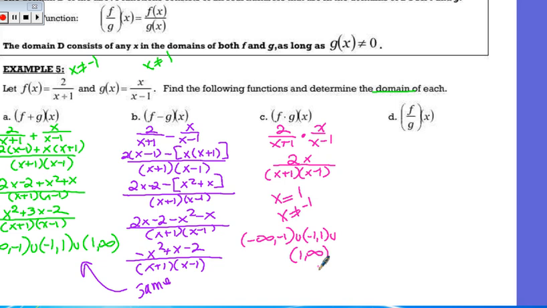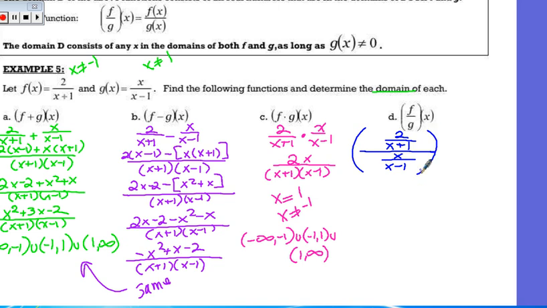Okay, this last problem here, we are asked to divide. So I'm looking at 2 over x plus 1 all over x minus 1. And when I have these fractions inside fractions, I'd like that middle fraction bar to be nice and big to distinguish and kind of make it clear what's in the top, what's in the bottom. I don't like to deal with these very much, so what I like to do is wipe out these denominators.